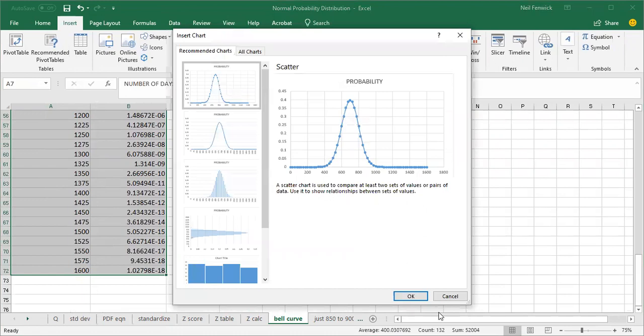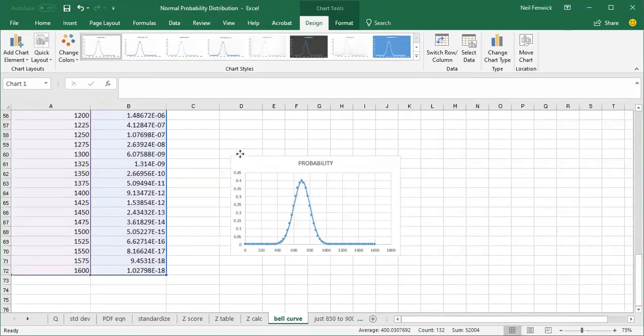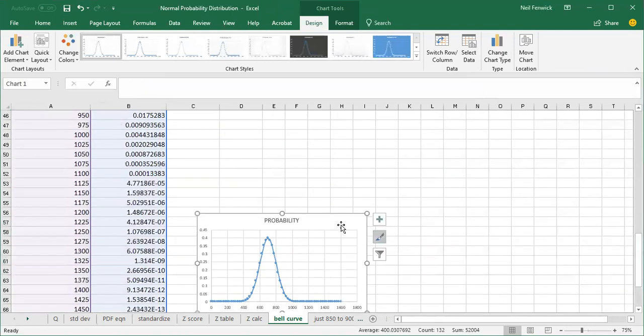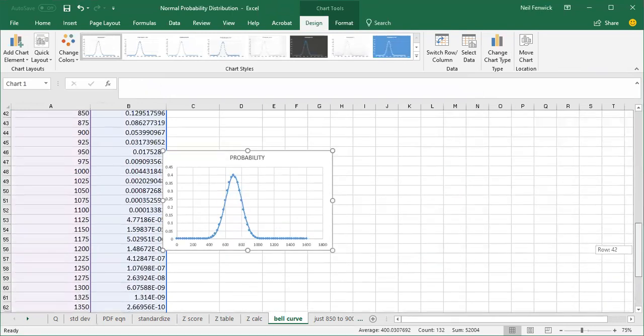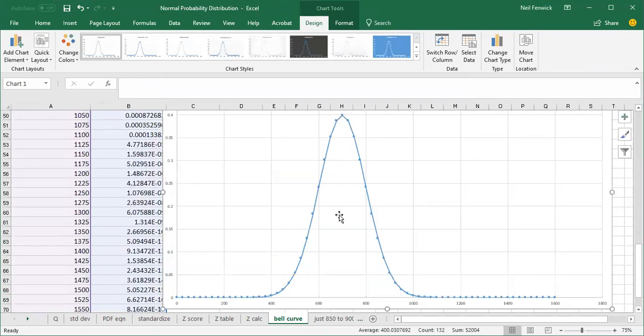Lo and behold, we pick out our probability density function, and we'll enlarge that. If we make that larger here, we can see 0.4 at our mean of 700, and we can see it tails off within 3 standard deviations either side.